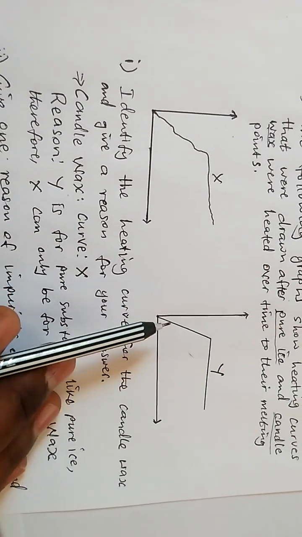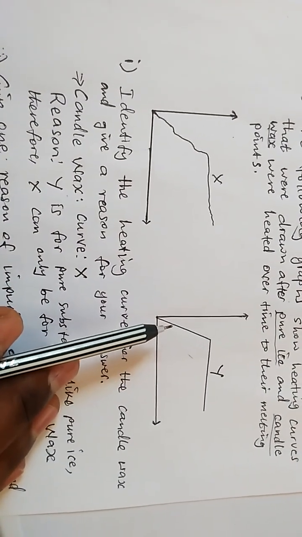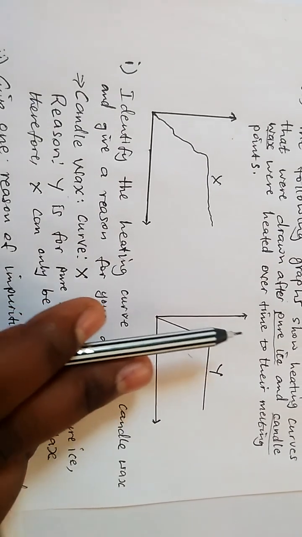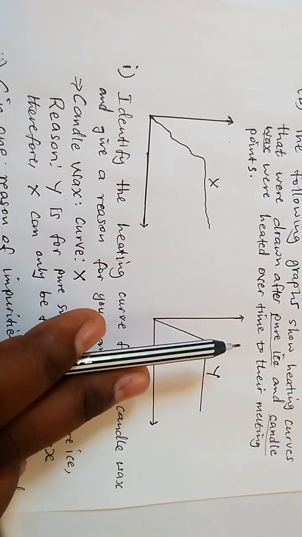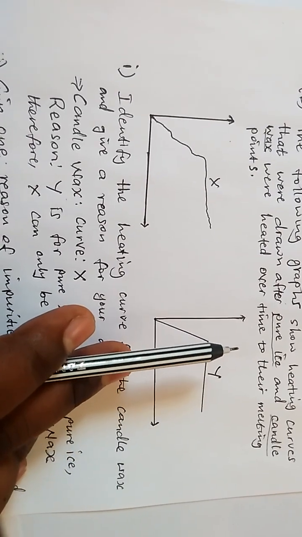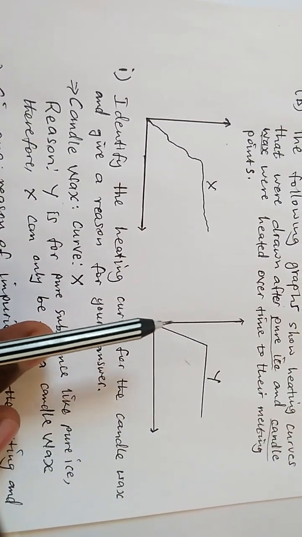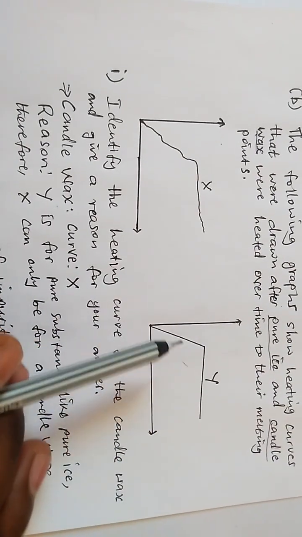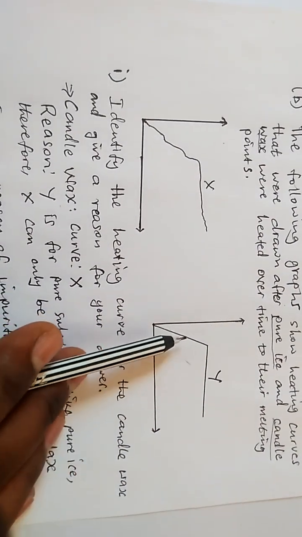A smooth curve is mostly for pure substances. In this case, we have pure ice, which doesn't have any impurities. Most of the smooth-curve graphs that we see are for pure substances.